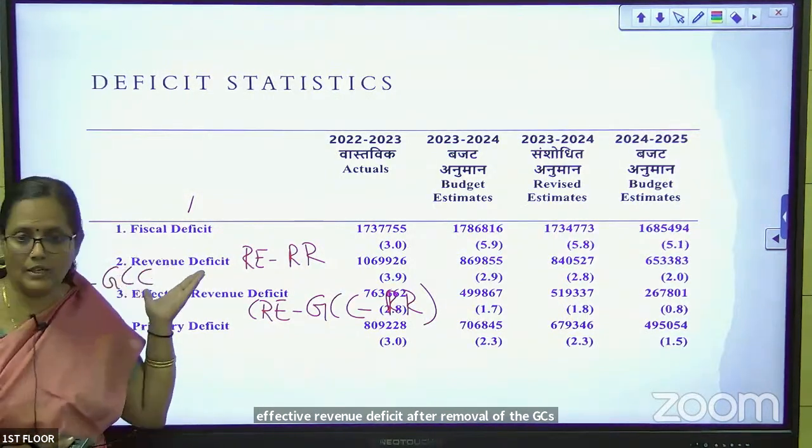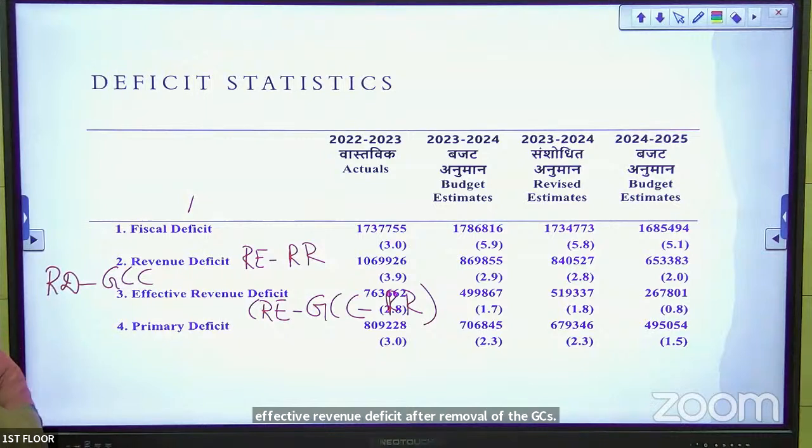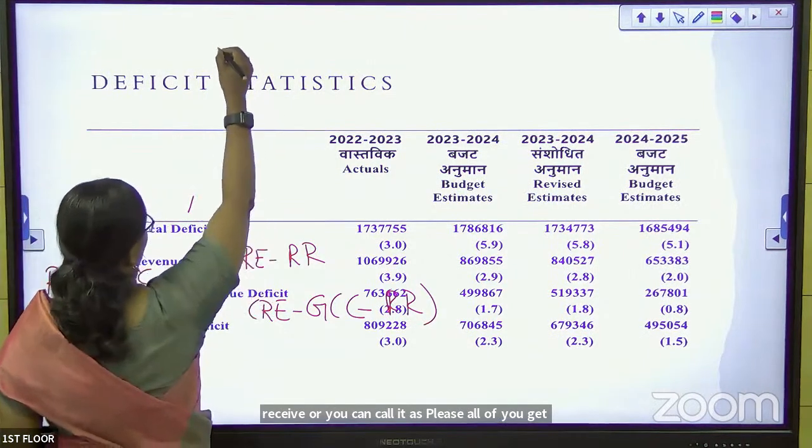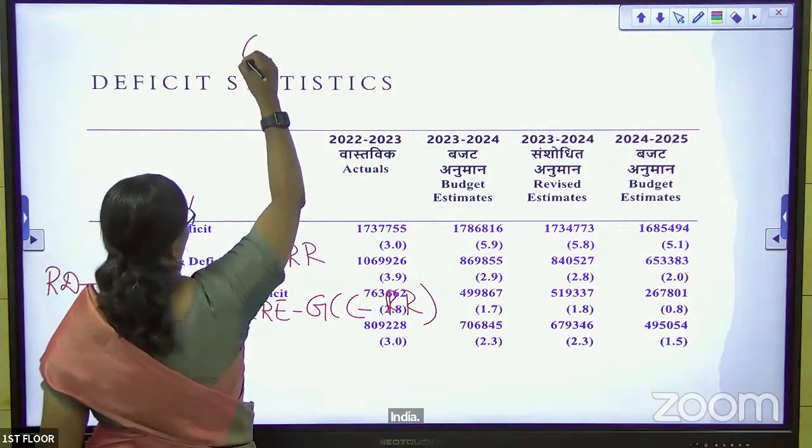Now, we'll come back to the fiscal deficit. Anybody? Formula? Total expenditure minus revenue receipts and the non-debt creating capital receipts, or you can call it NDR. Please, all of you get used to this word, NDR. What is it?